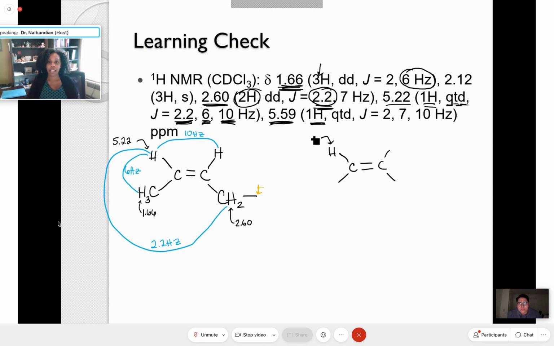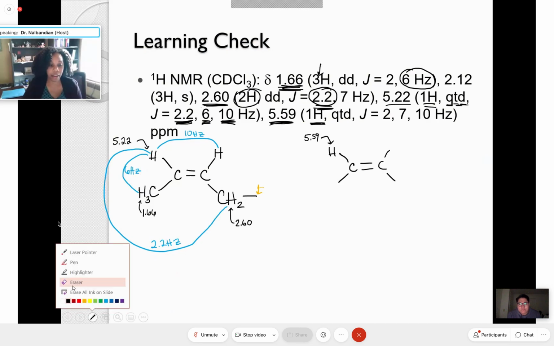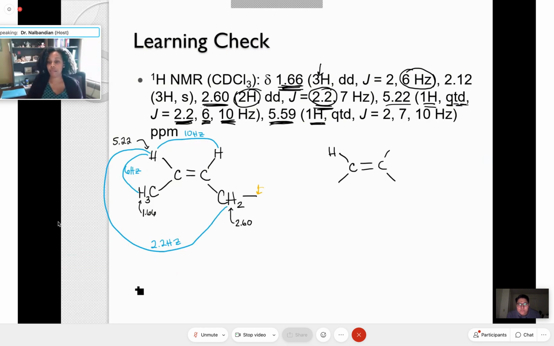Actually, let me not do it this way so that you can see it a little better. Let me label a different hydrogen as 5.59. I'm going to label this one as 5.59.